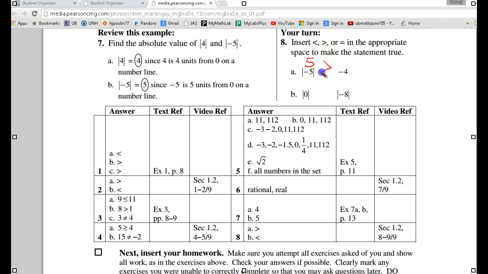Well, 5 is greater. And 0, its absolute value is 0 because it's right there. And this becomes a positive 8. So 0 is less than a positive 8. And actually here they're summarizing again all of the answers.